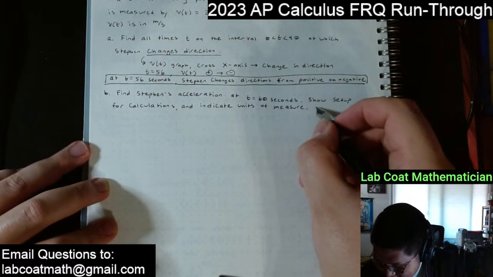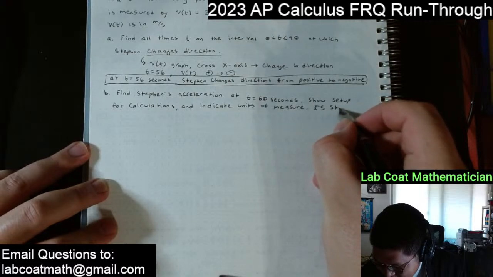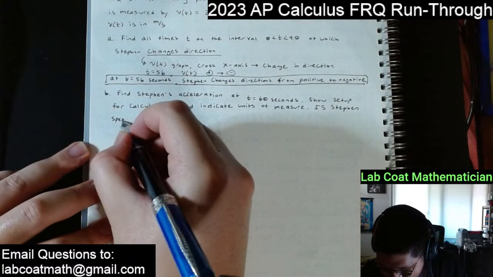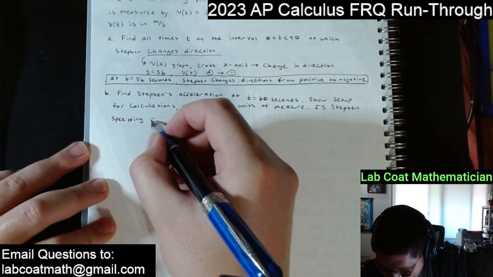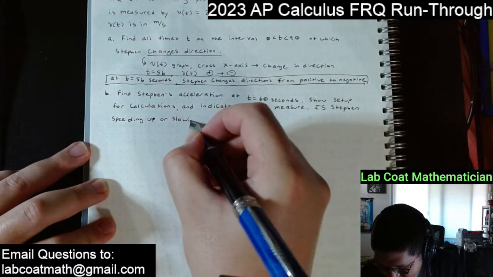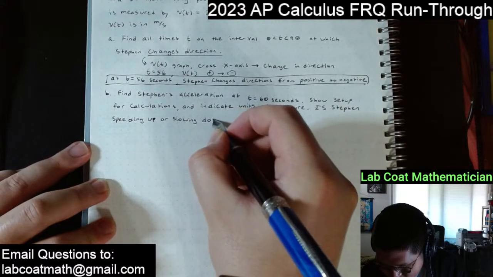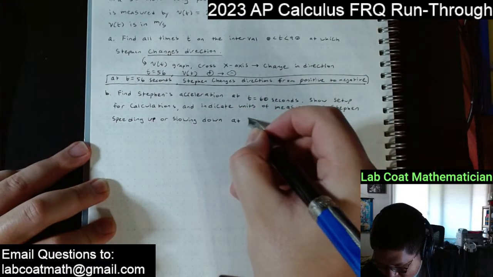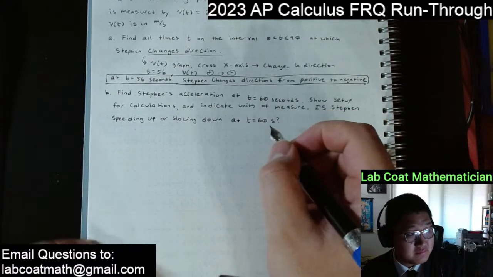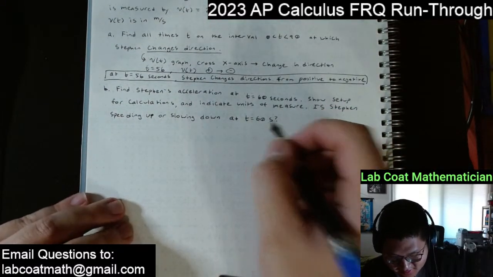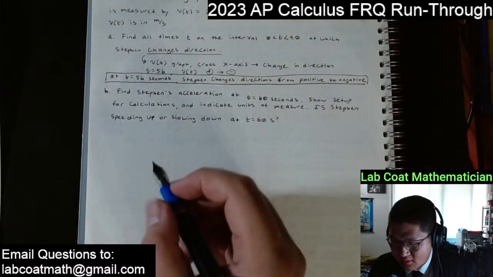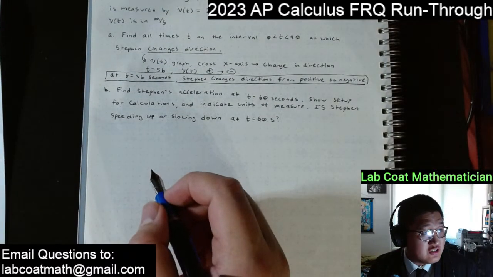And then they're asking then, is Steven speeding up or slowing down at the time t equal to 60 seconds. Okay. And then giving you the reason accordingly for that. Okay. So that's quite an interesting problem here, right?